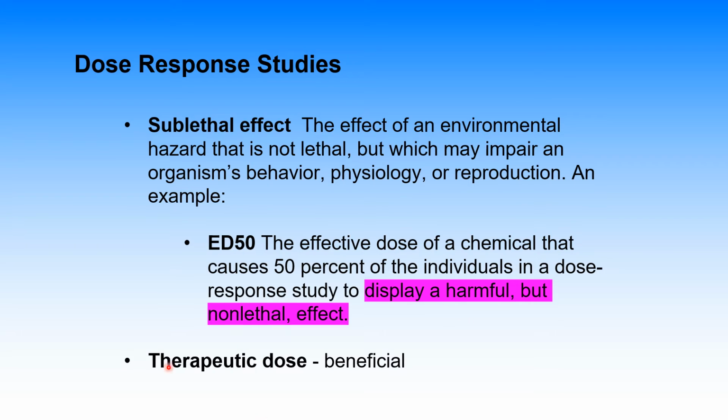And we can also look at therapeutic doses, like with Tylenol or Motrin. We've done this, and those are dose responses that might be beneficial, like what is the dose where 50% would be effective or therapeutic, a T dose, where 80% of the people that took this got rid of their headache.